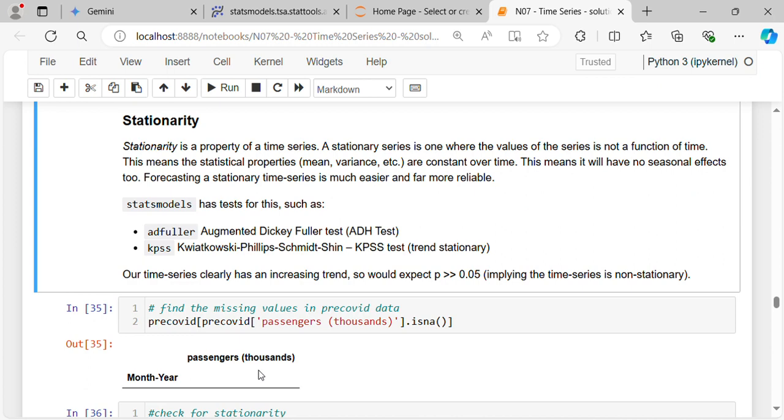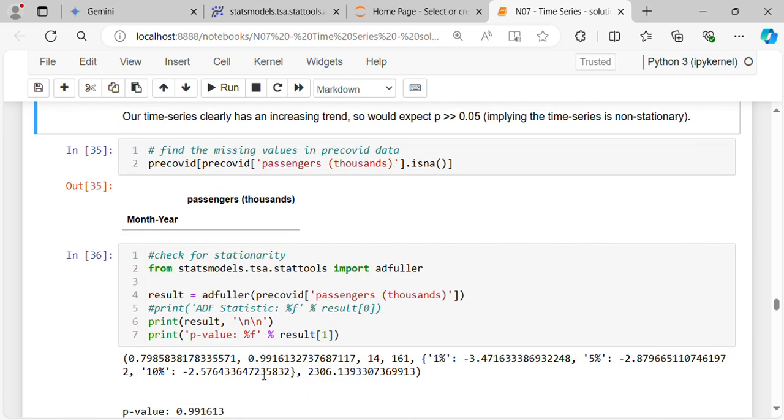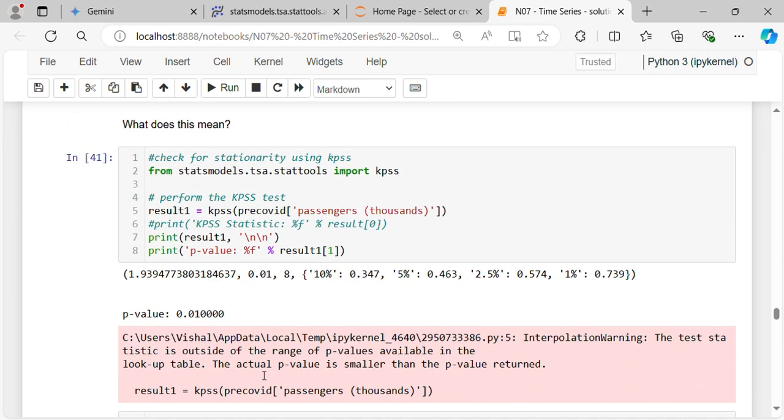which shows that the time series is stationary. So the test statistic is outside of the range of p-values.